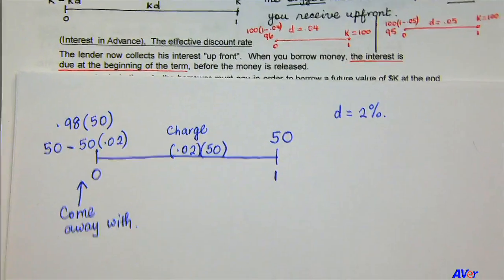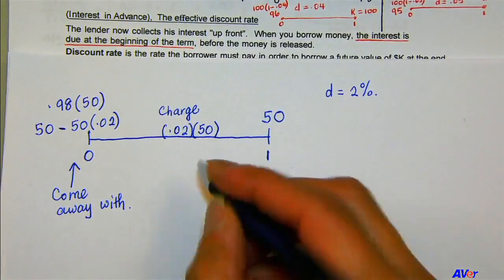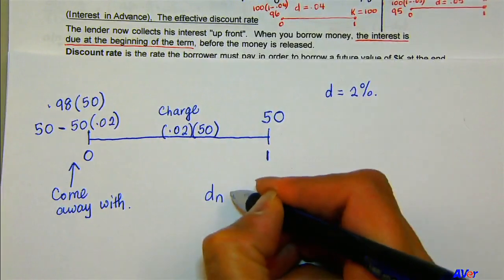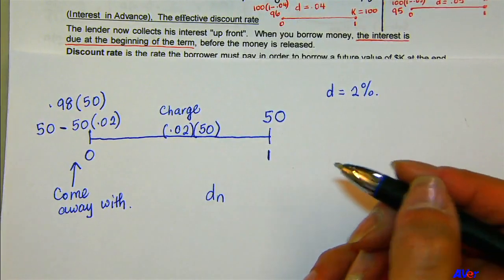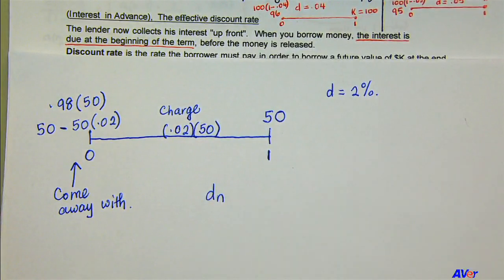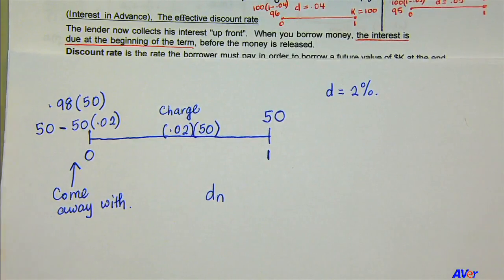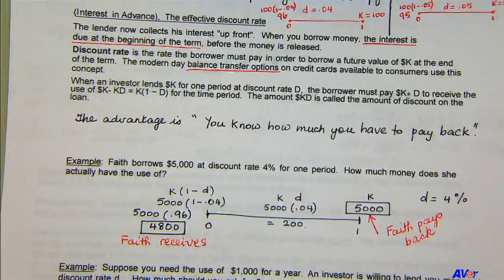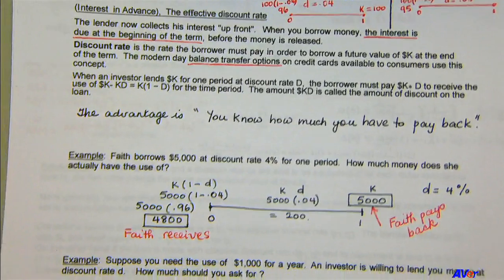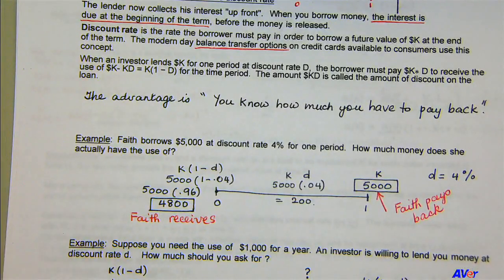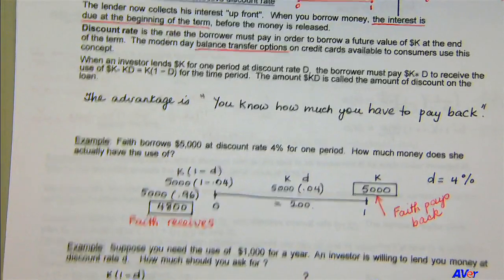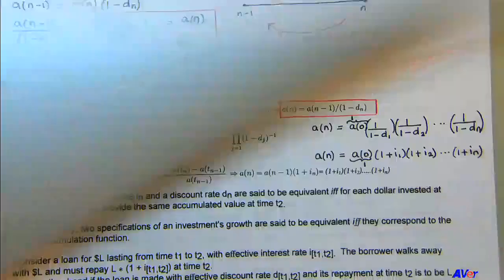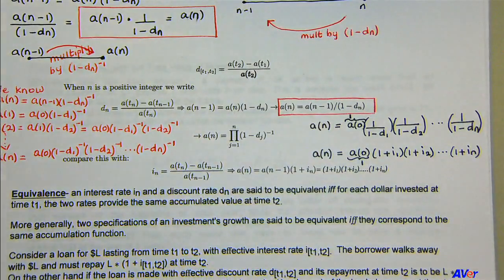So last time we had said that D sub n, what does D sub n mean? I'm talking about this dn on the bottom of page 6 we have it, and then we have it again on page 7.